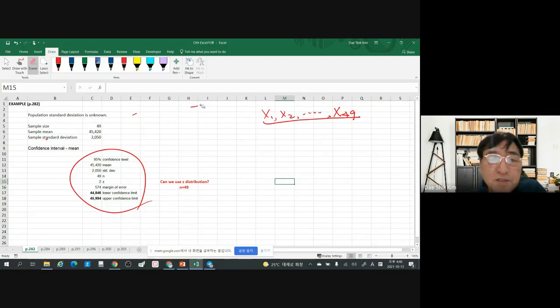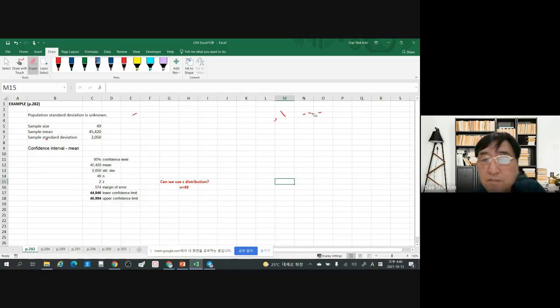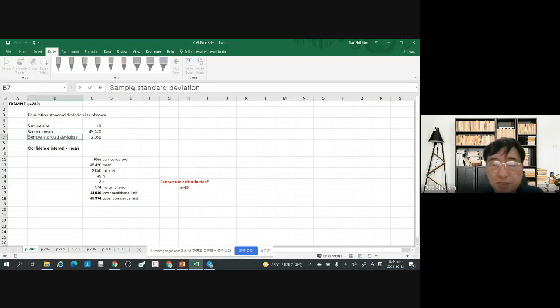Store managers. This is an error. It is not a sample, it is the population. The population standard deviation.